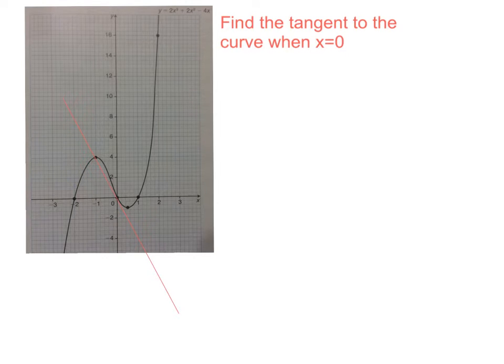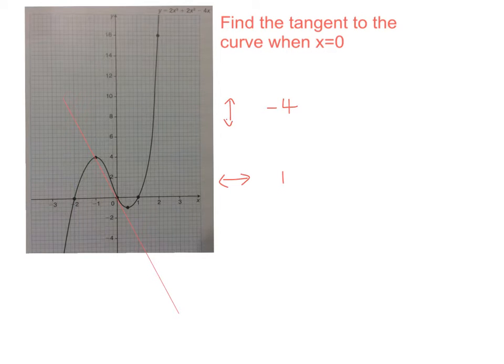So remember, we need to know two different things. We need to know how far up or down it's gone, and we'll need to know how far along we've gone. So if I look at this line here, starting from, we might as well go for 0, it's gone along 1, and it's gone down 4.